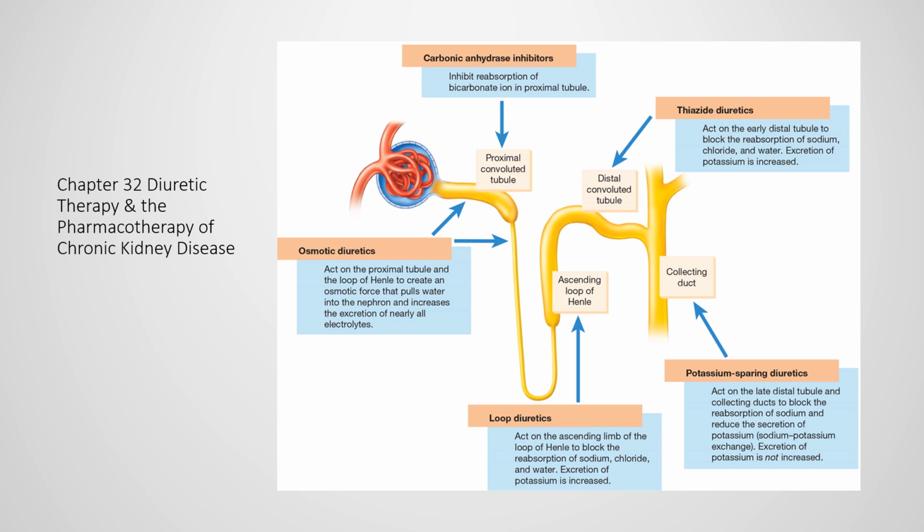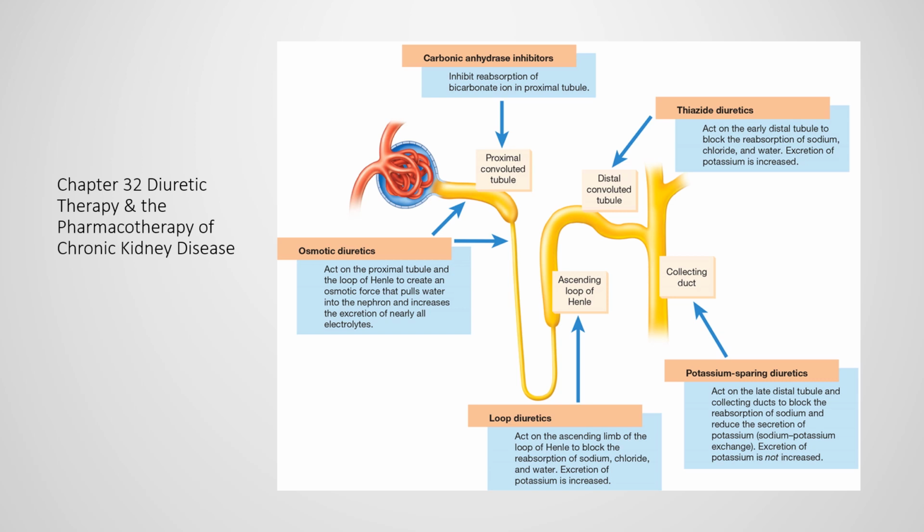Okay, and then of course water typically follows sodium, so water goes down the tubule as well and out the collecting duct. The distal convoluted tubule where the thiazide diuretics work, well, they drain you of potassium and chloride and sodium. But just not to the same extent as the loop diuretics.